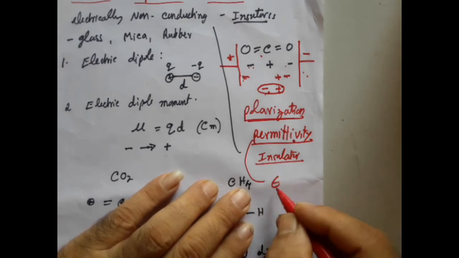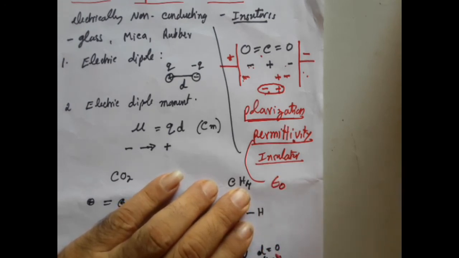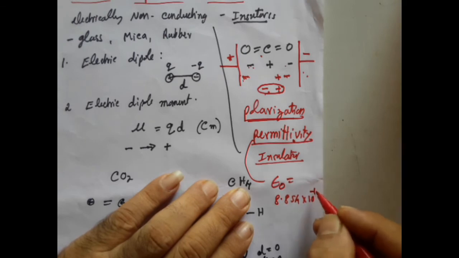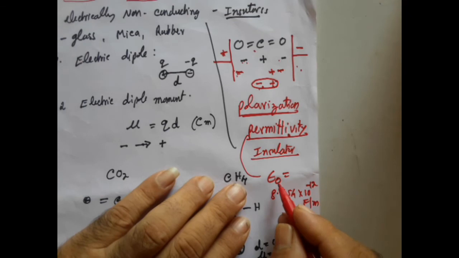If you consider this epsilon for vacuum, we write it as epsilon naught, and it has a value of 8.854 into 10 to the power minus 12 farad per meter. This is the permittivity of free space or vacuum.